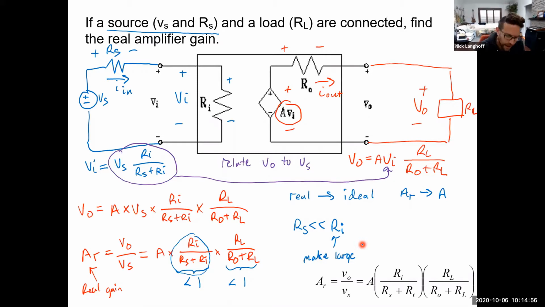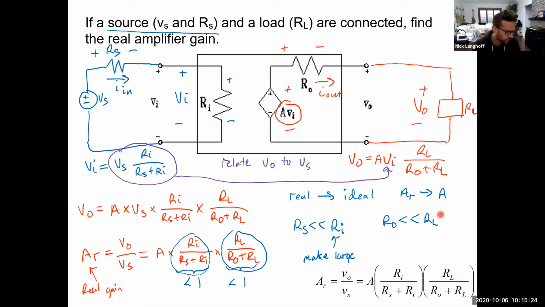Okay? How about the other term over here? We want that to be as close to 1 as possible. And by a similar account, that means we want the denominator of that expression to be as close to RL as possible. And to do that, that means making RO really small. So we need RO to be way, way smaller than the load resistance RL.